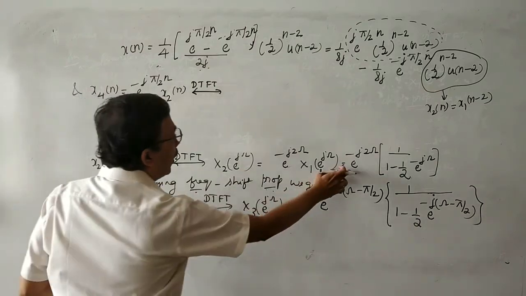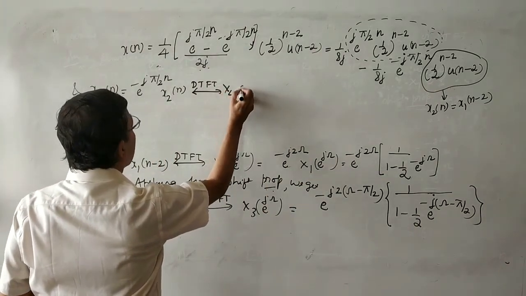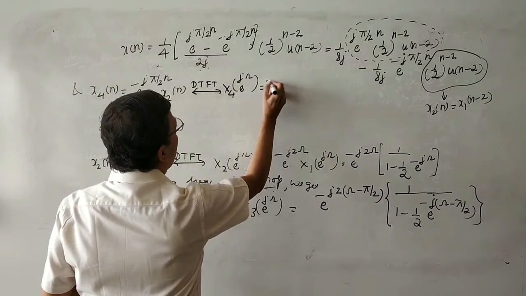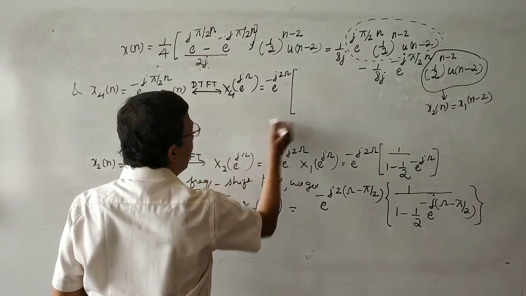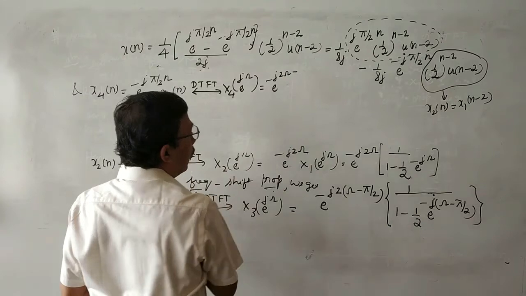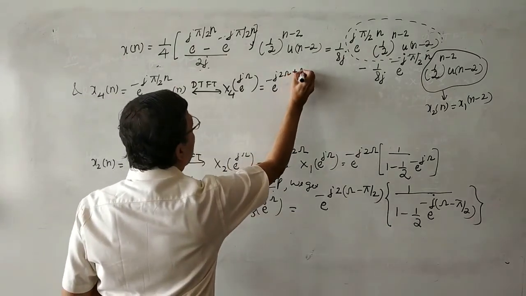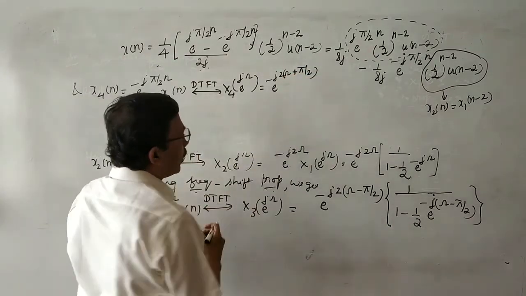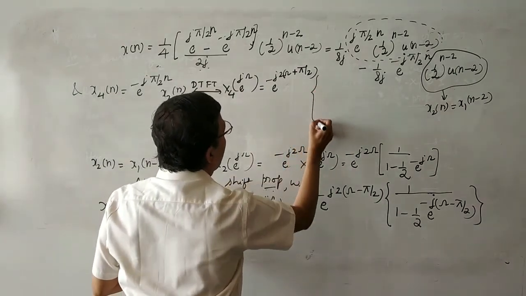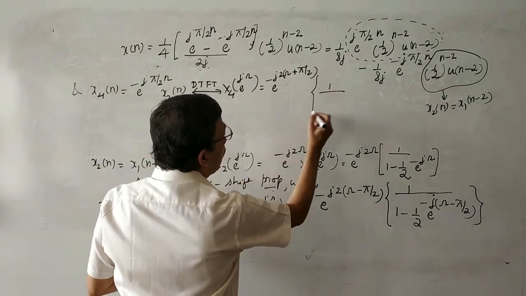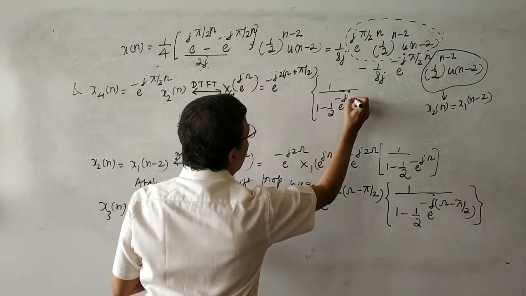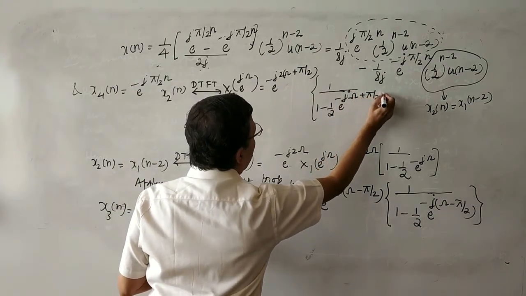So what you get? x4 of e power j omega is equal to e to the power minus j 2 omega, where omega is replaced by omega plus pi by 2, into 1 over 1 minus half into e to the power minus j omega plus pi by 2.